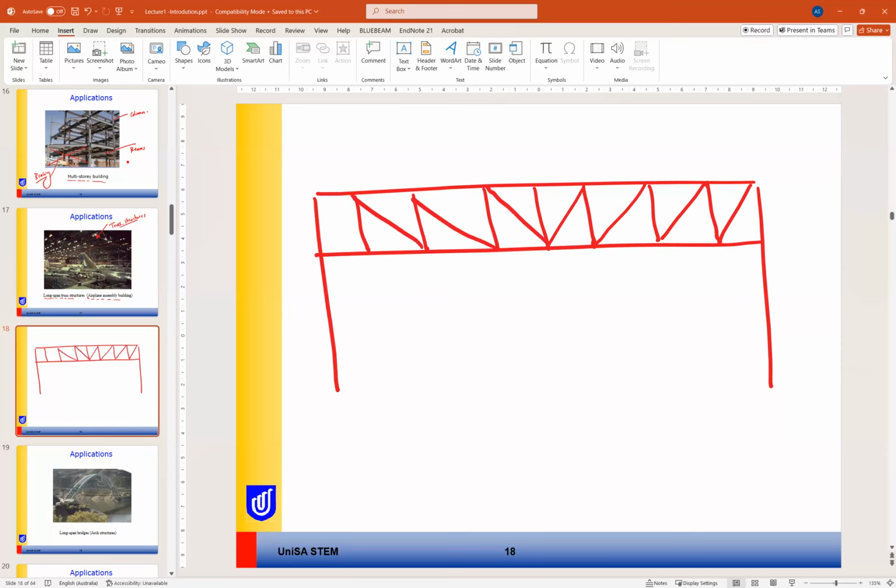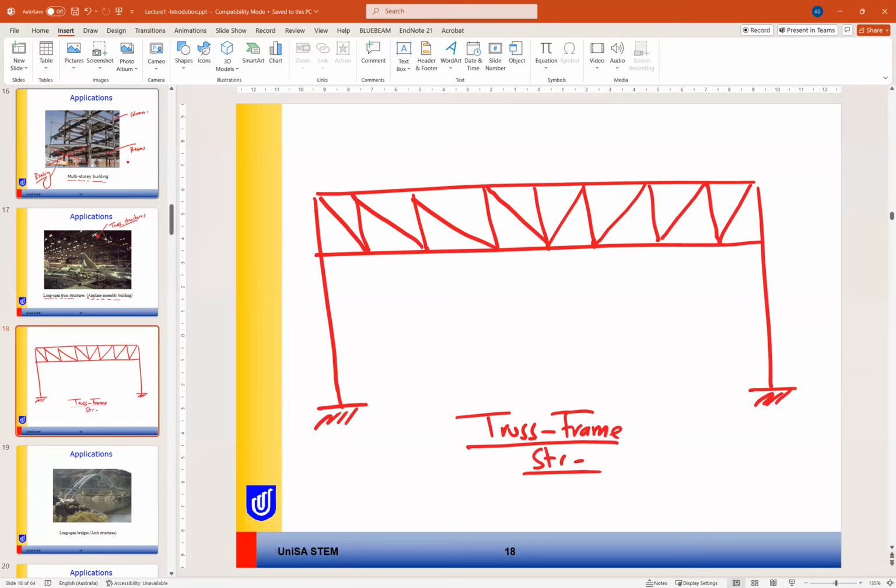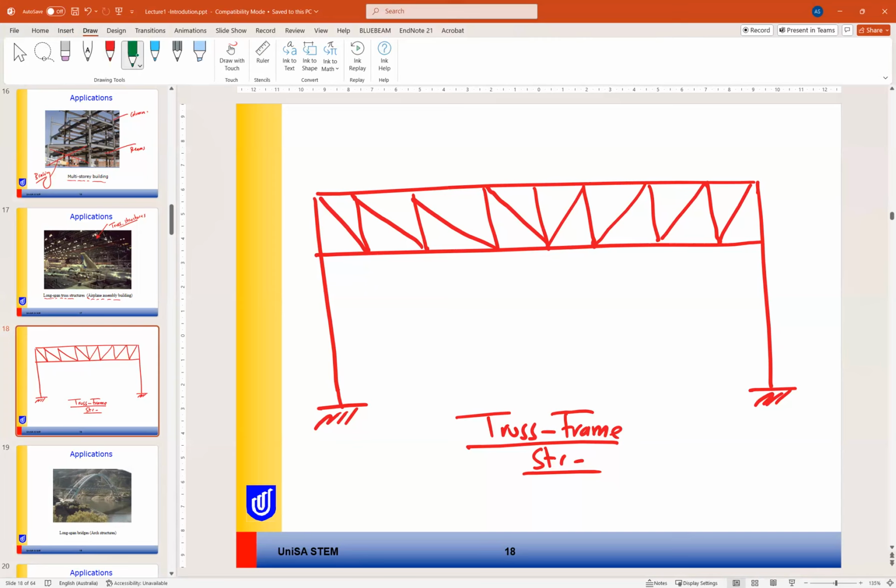If I ask you what is the advantage of using a truss frame instead of a normal frame? Yes, lower weight, because what will resist our bending and our deformation? The depth. So we need larger depth of the element.